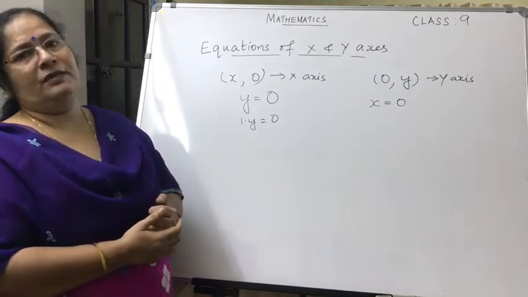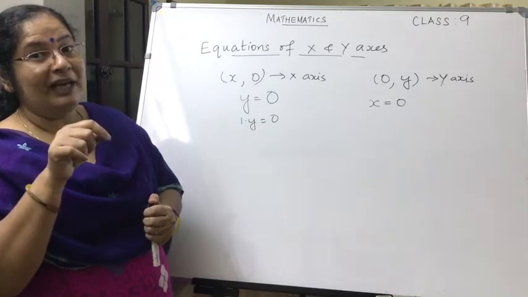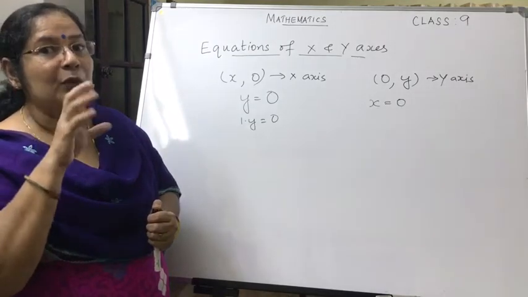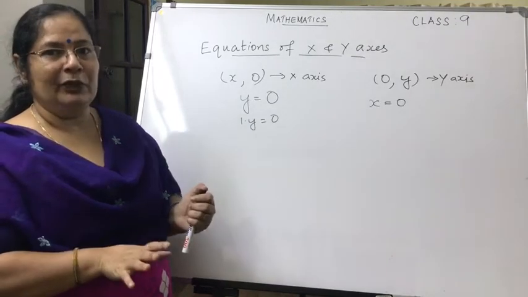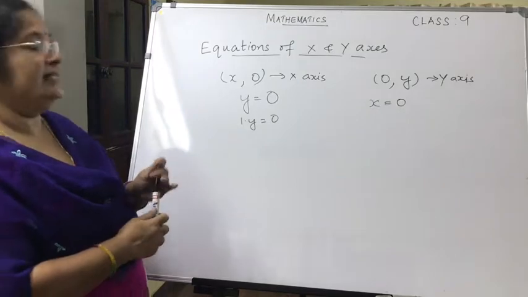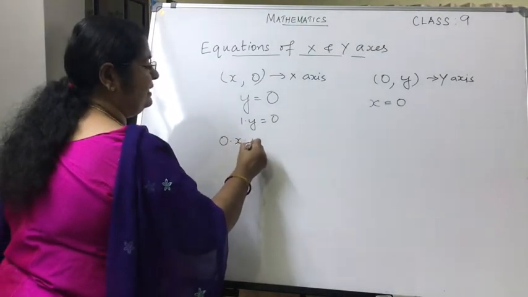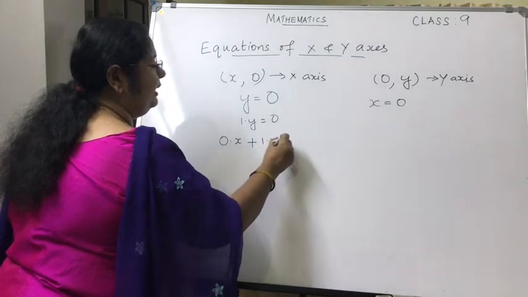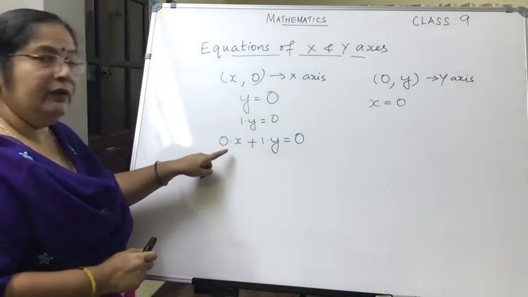When is it possible? Only when you multiply x with 0. When you multiply x with 0, what is the result? It is 0 only. So you can rewrite this in two variables as 0 into x plus 1 into y equal to 0. Understood how we got this?